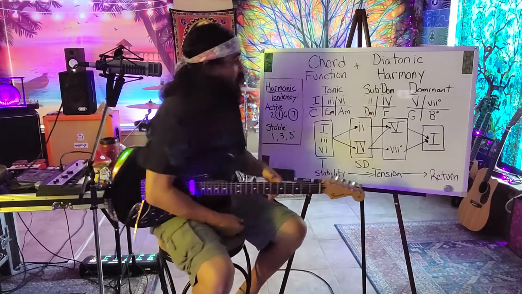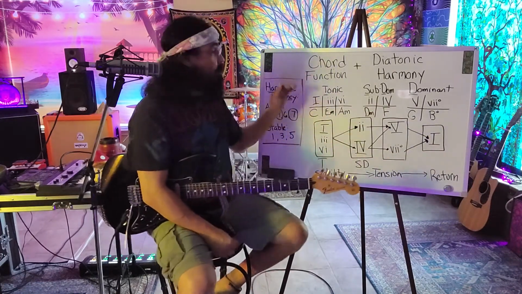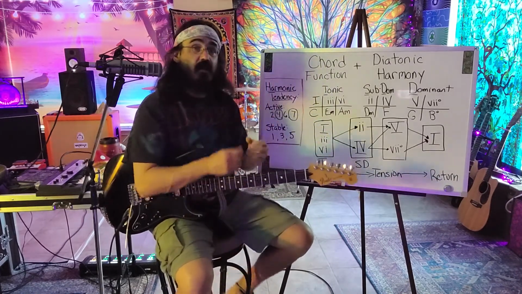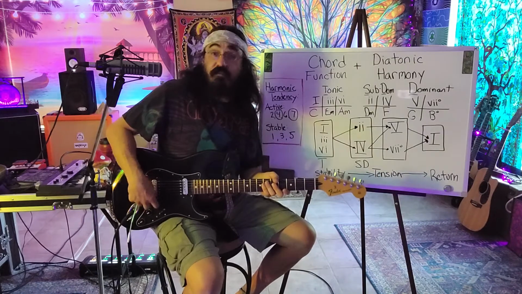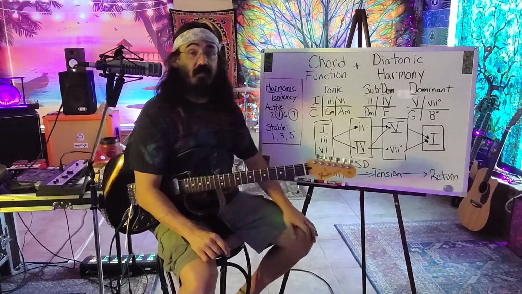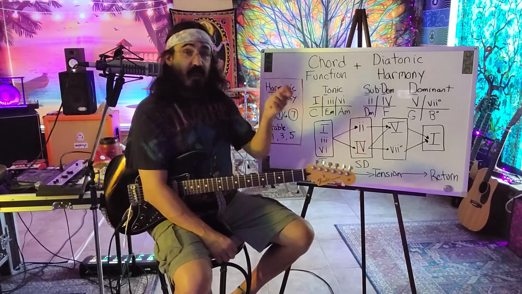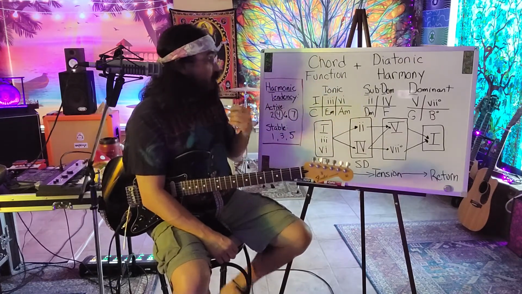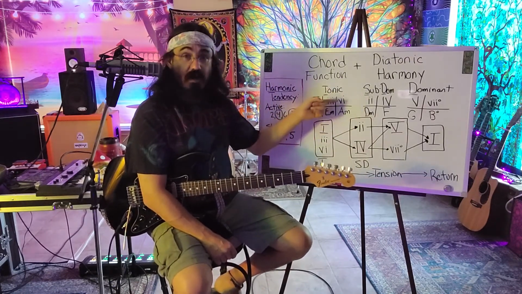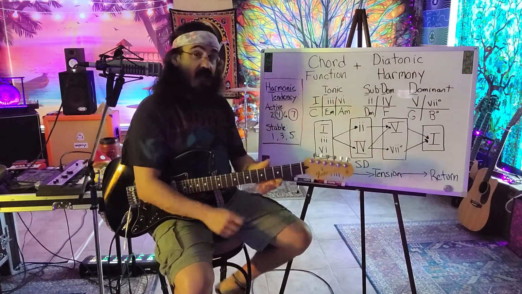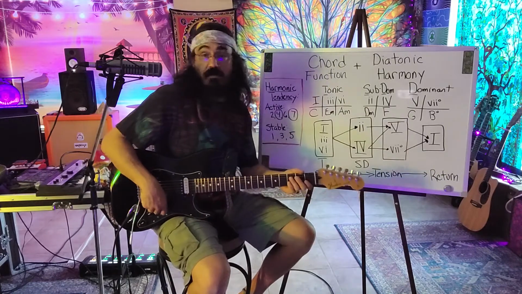So what we're going to be talking about with chord function is the different families that these chords are assigned to. The first family, I'll just call them a family here, is what's called the tonic, T for short, as it's usually used in various musical textbooks.